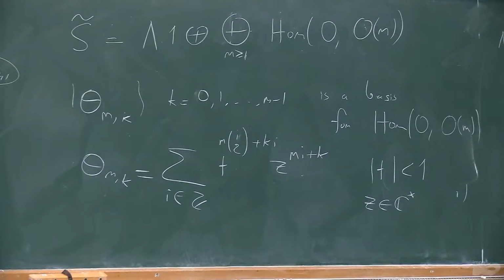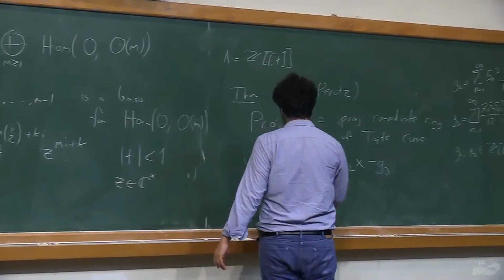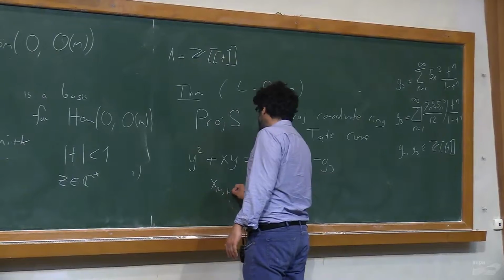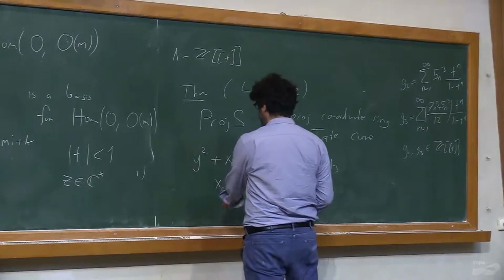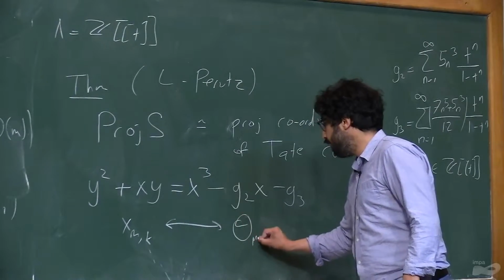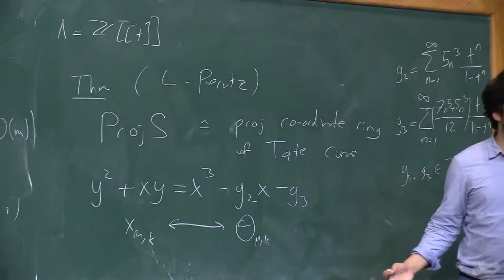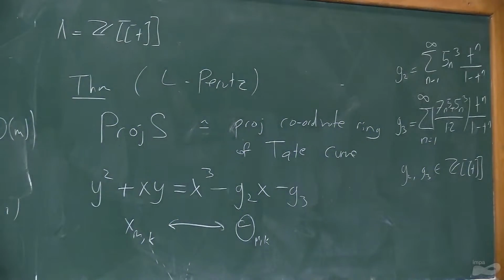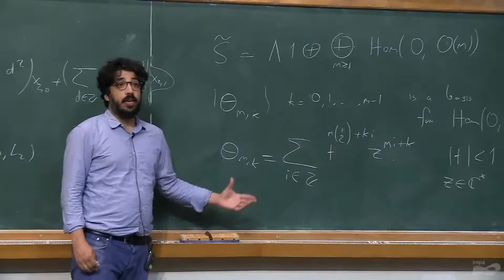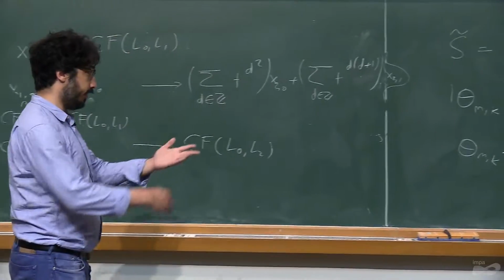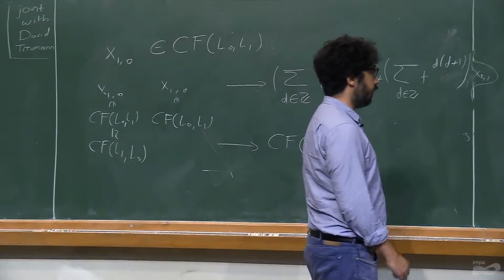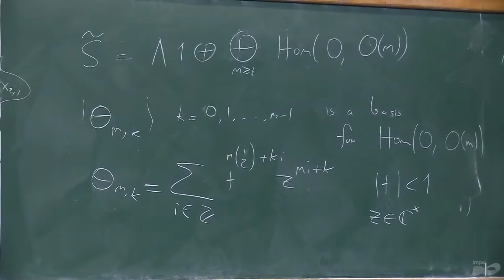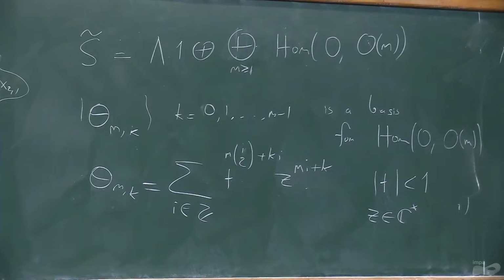And this theorem is proven by saying that xmk, these are the intersections of L0 and Lm, should go to theta mk. Okay? And then you just multiply them here using the Floer triangles, and on the theta function side you just multiply the functions, and express them in terms of the basis of the result wherever it lands, and then you match these structure constants explicitly.